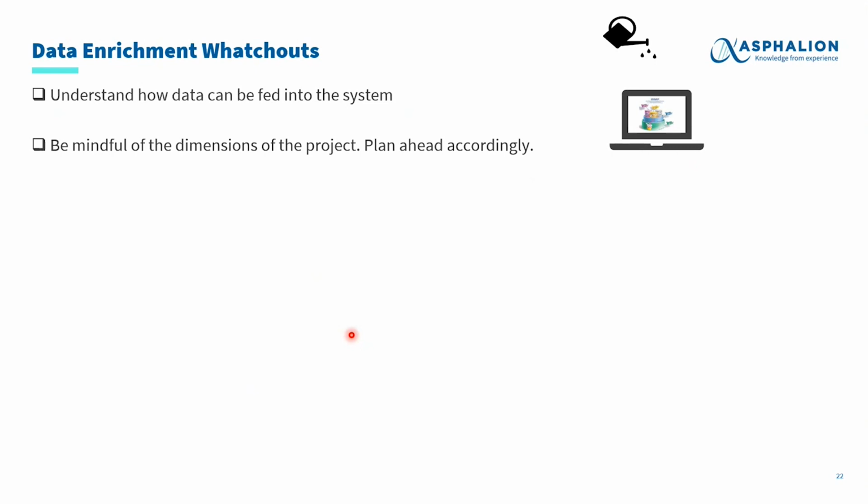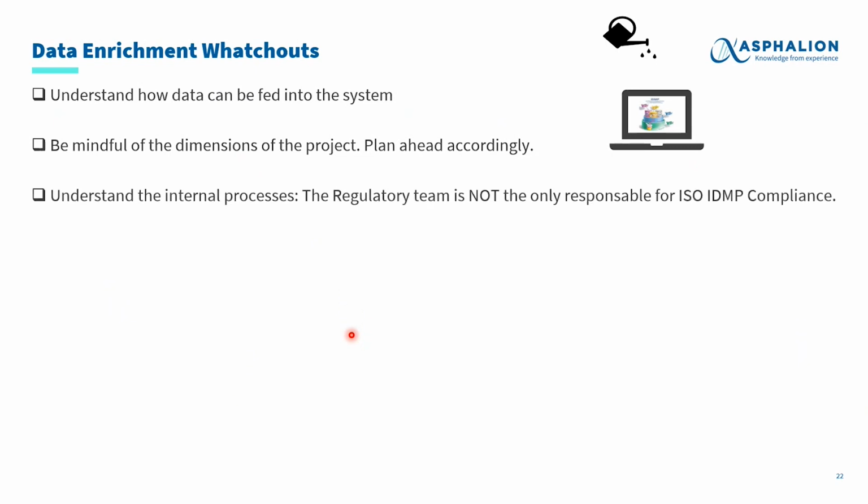Next, we need to be mindful of the dimensions of the project. This project tends to be quite complex and big, so we should not underestimate it and we should plan ahead accordingly. Next, we need to understand the internal processes. The regulatory team is not the only one responsible for ISO IDMP compliance.